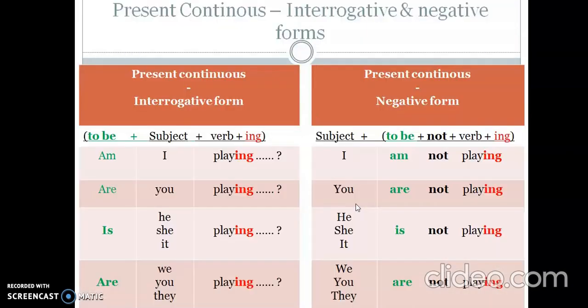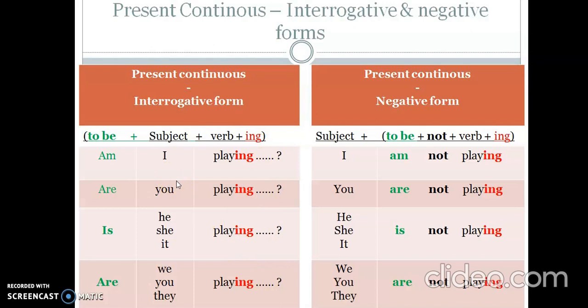Now, we've got different forms for the present continuous other than the regular form. You have the interrogative form and the negative form. Now, the interrogative form is used for questions. So, for the regular form, we said we have verb to be plus verb plus ing.